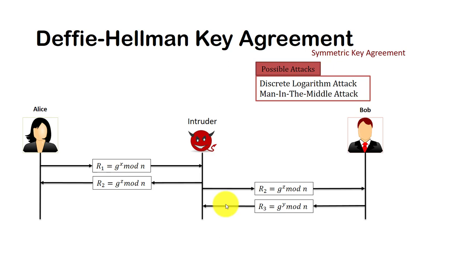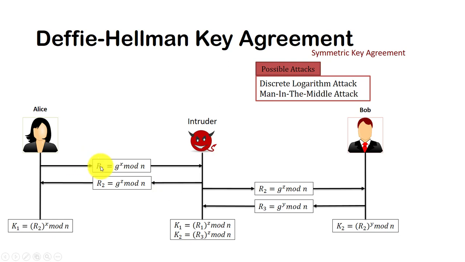Now what happens towards the end is, based on the information the intruder has exchanged with Alice, Alice would be creating a key by the R2 to the power x mod n calculation. Bob would be creating a key by calculating R2 to the power y mod n, because Alice has x as her secret and Bob has y as his secret. And the intruder would be calculating two values, k1 and k2, both.